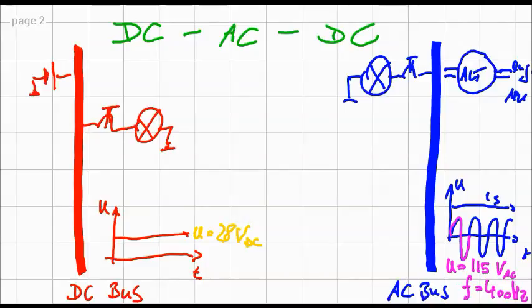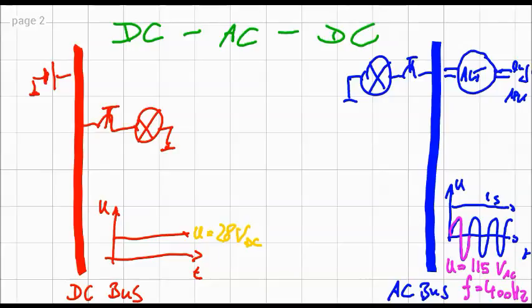So let's say we use the DC side, the direct current, to start up our aircraft, to crank the engine and get it running, and all the energy we have used from the battery we would like to return through this circuit. So we want to convert the AC, the alternating current on the right hand side, into DC on the left hand side.